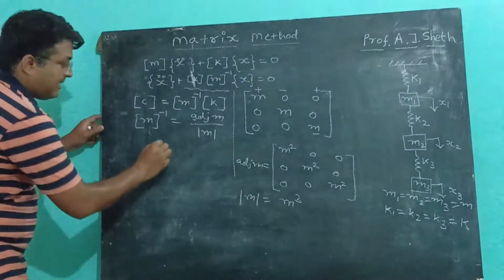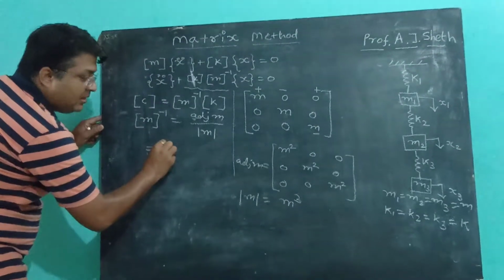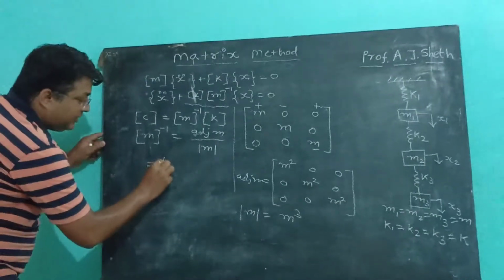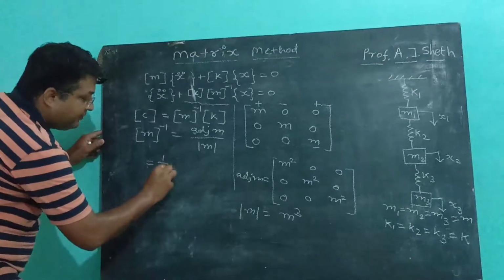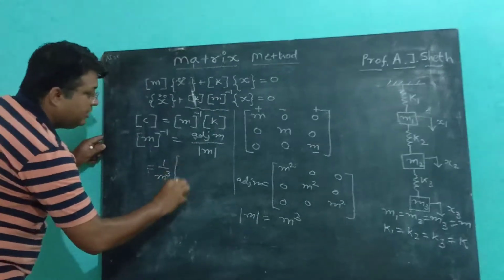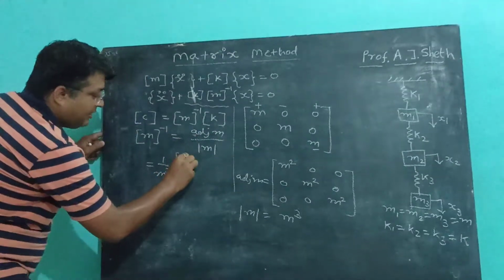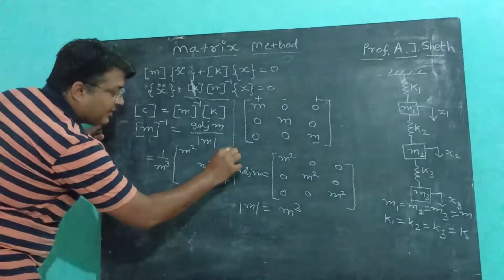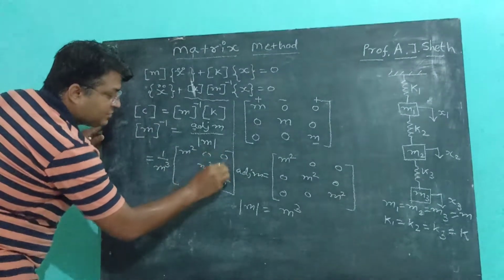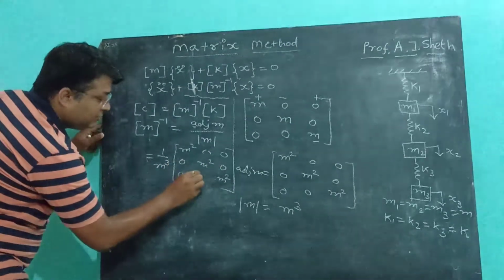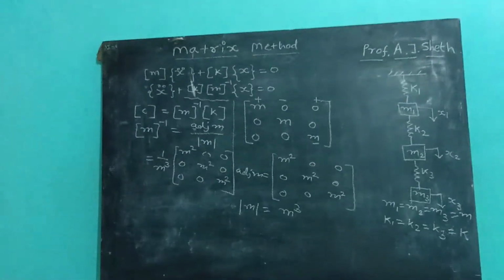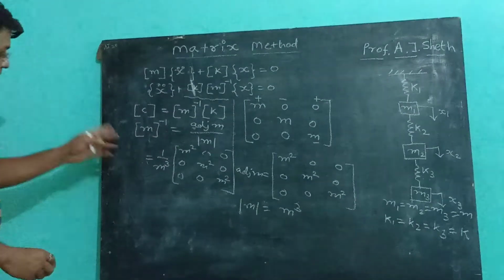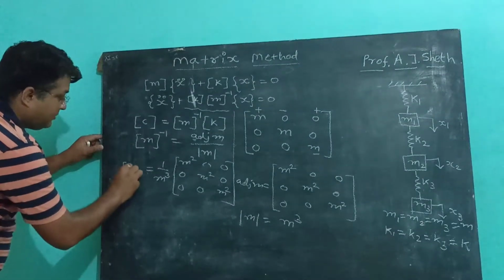So finally m inverse is: the denominator is mod m, so it is 1 by m cube into adjoint m, which is m square, and the other entries are 0. So this is m inverse.